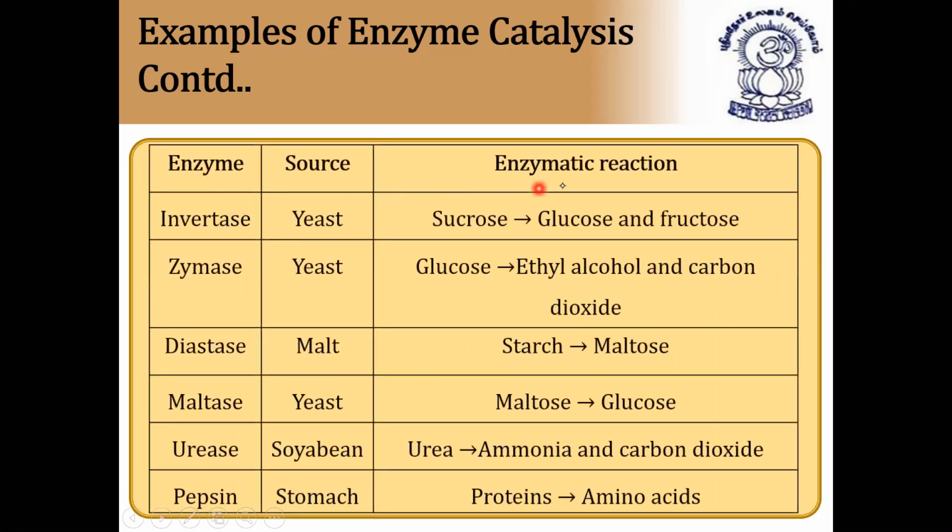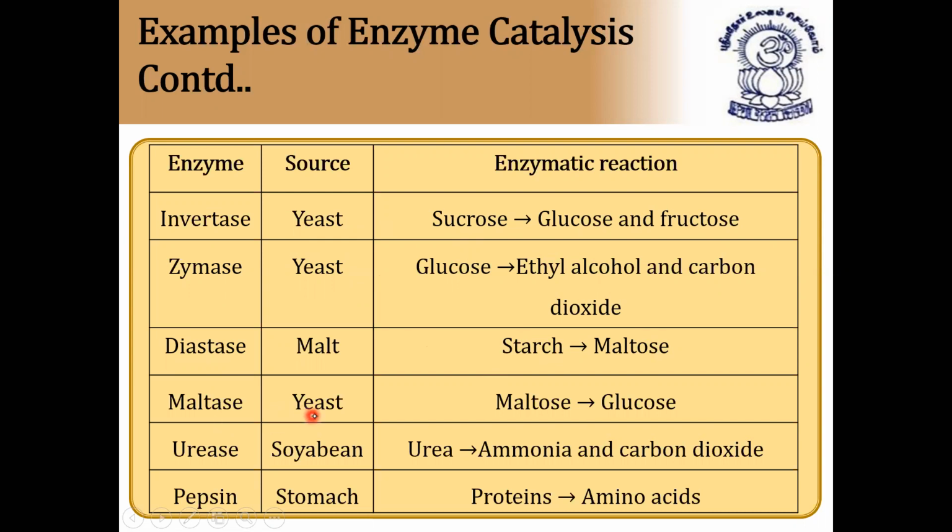Now, what are the different enzymes, what are the enzymatic reactions, and what is the source? Invertase comes from yeast cell. It converts sucrose into glucose and fructose. This we have already seen. Next, zymase also comes from yeast cell. It converts glucose into ethyl alcohol and carbon dioxide. Next, diastase comes from malt. It is used to convert starch into maltose.